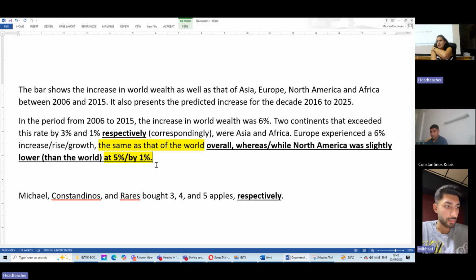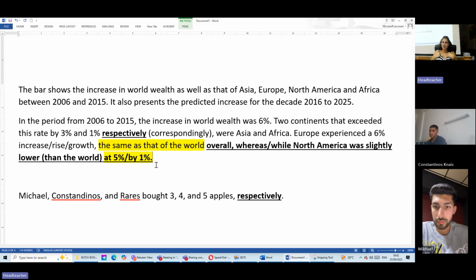So we can say that North America was the lowest of all the continents at 5%. Yeah, that's also correct, but that's not the mistake. It's wrong to say North America was the lowest. We have to say the.